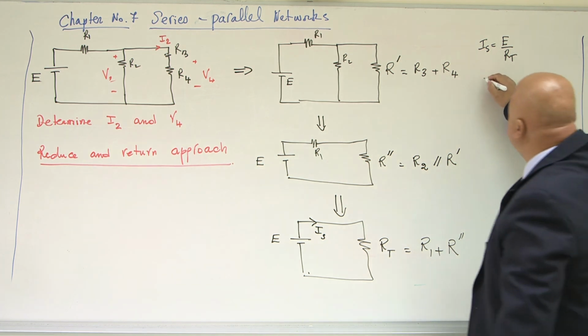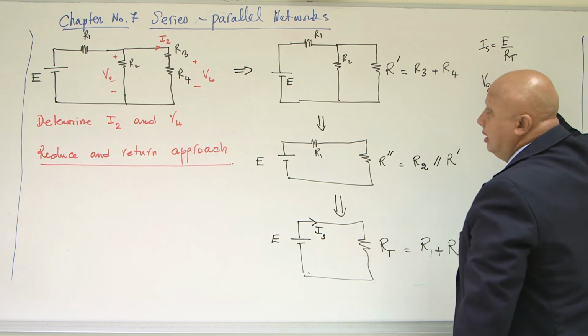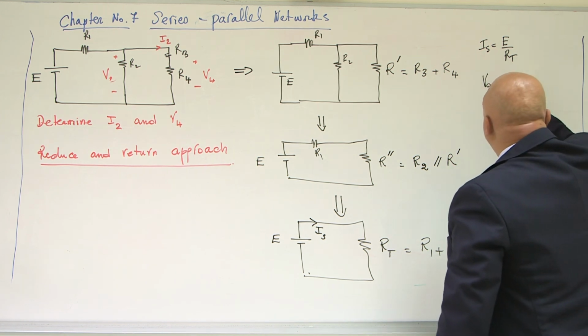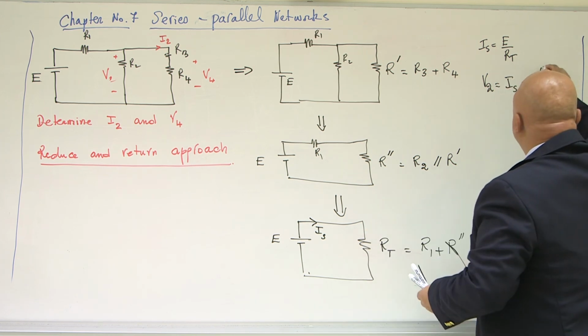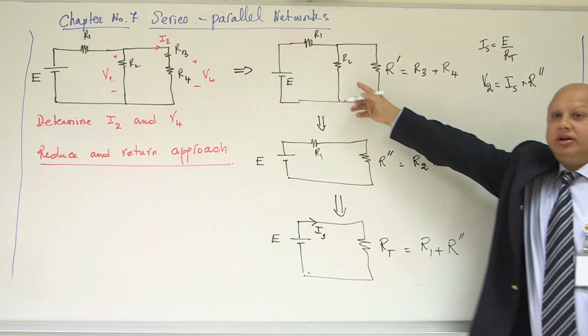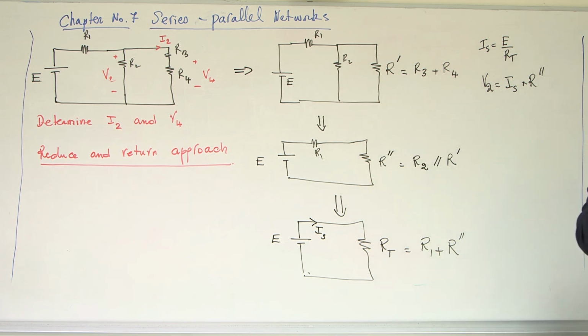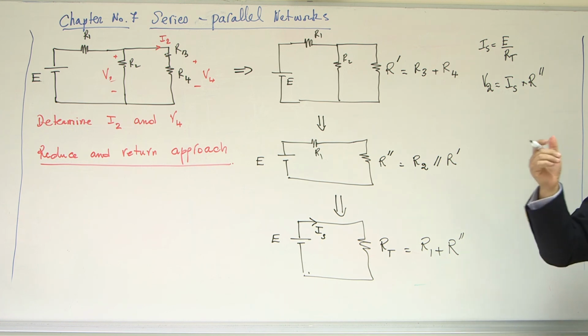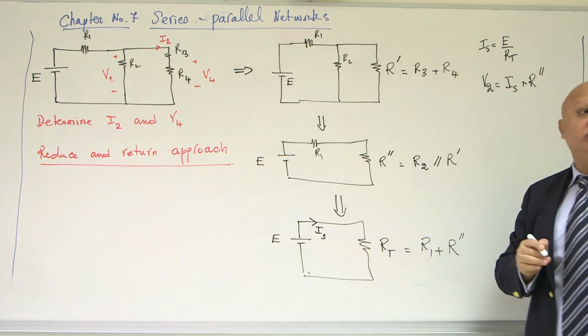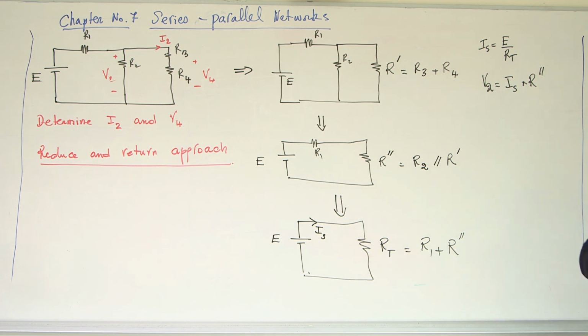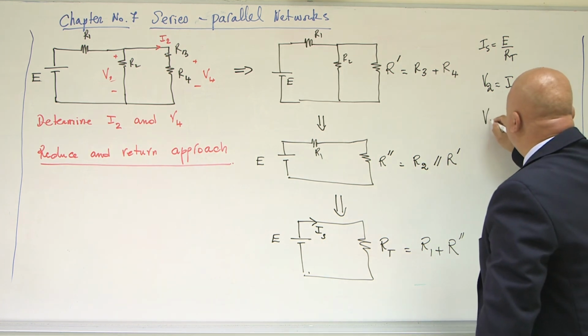What is V2? It is IS times R dash dash, which is the combination of R2 in parallel with R dash. You got the point? And by using the voltage divider rule, we can determine V4.